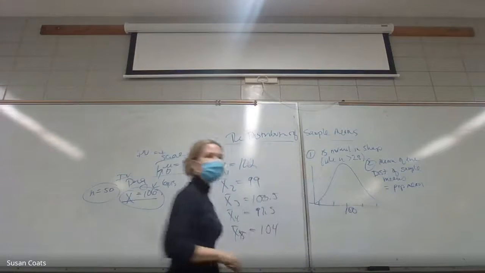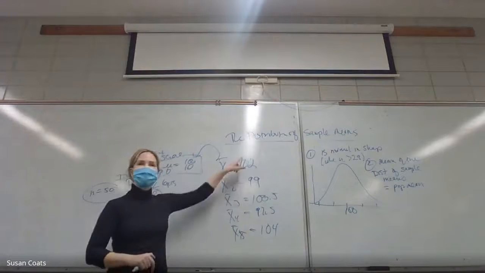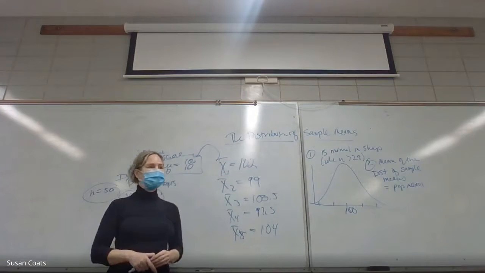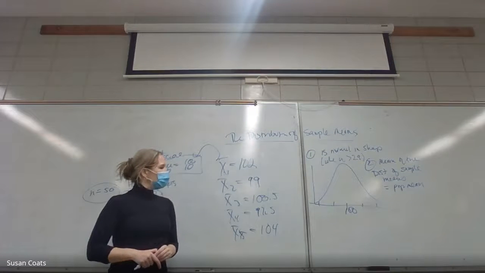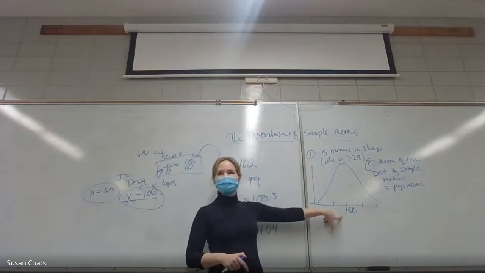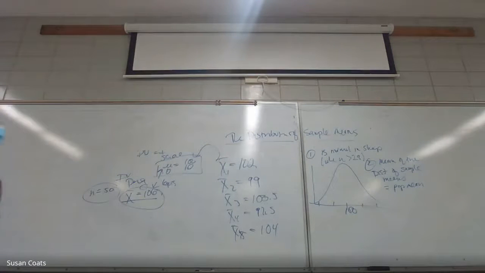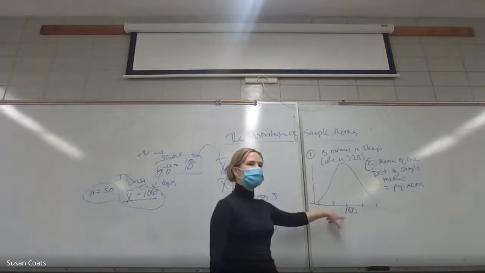You can also compute the standard deviation, right? So we can treat these scores just like regular scores and compute the standard deviation. We know what the mean of the distribution is, right? You need that to compute the standard deviation. The mean of the distribution is 100.